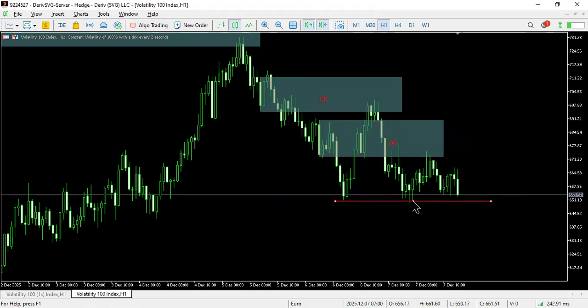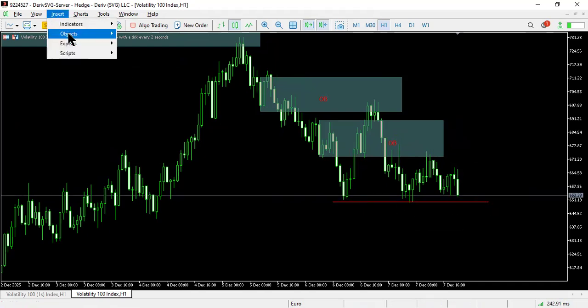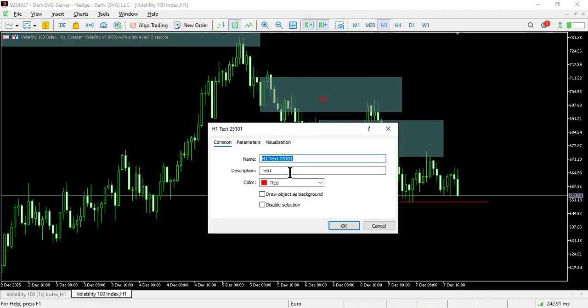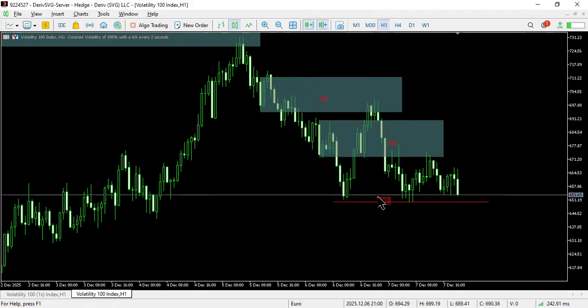So should price break this low, as we can see, price is still pushing down. This will be a break of structure to the downside.